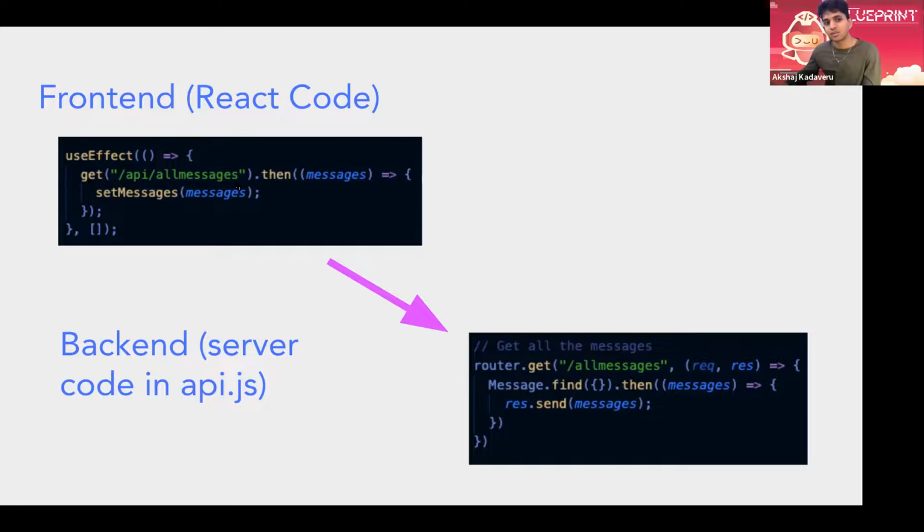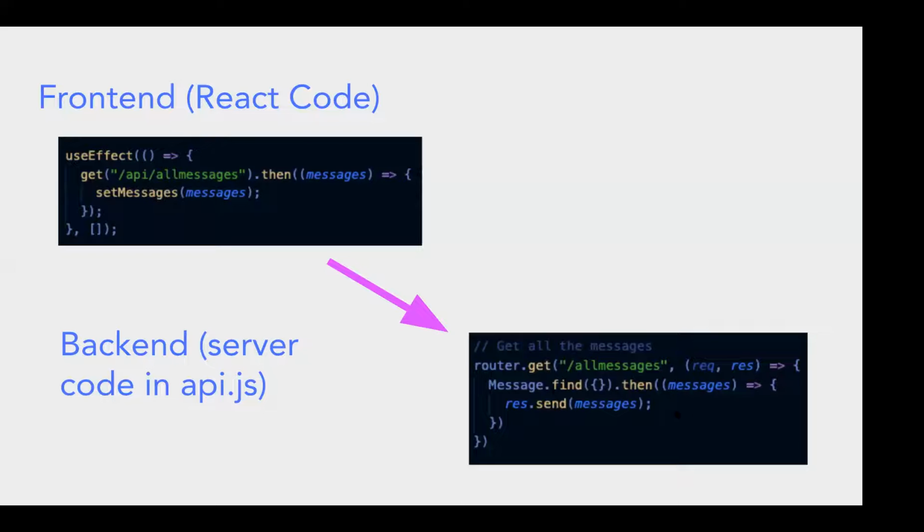That is sending the pigeon over to the server. So when we put /API/all messages, it goes to our API in the server and looks for this all messages endpoint. And in the server, we tell it that when you hit the all messages endpoint, run the stuff inside of this function.